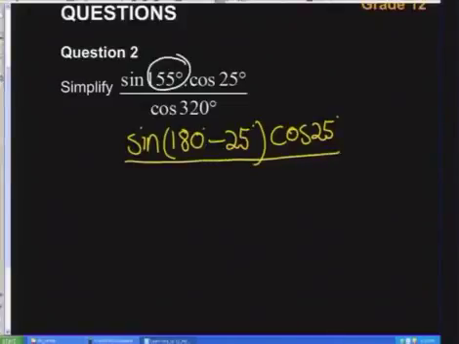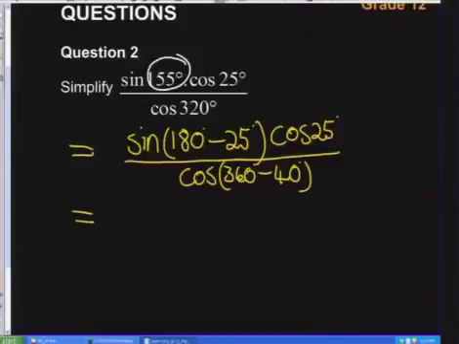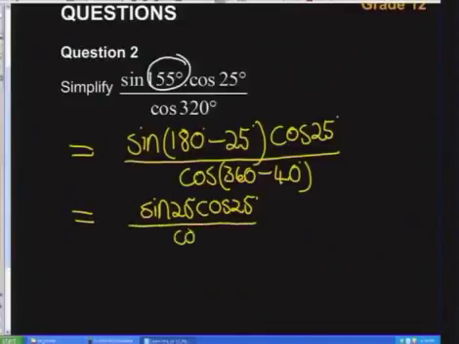I've got cos of 320. So I'm going to change this to cos of 360 minus 40 degrees. So all I'm aiming for in my first step, and this is purely grade 11, is to get to acute angles. So this becomes sine 25 and cos 25. And in my denominator, also because cos is positive in the fourth quadrant, this becomes cos 40.